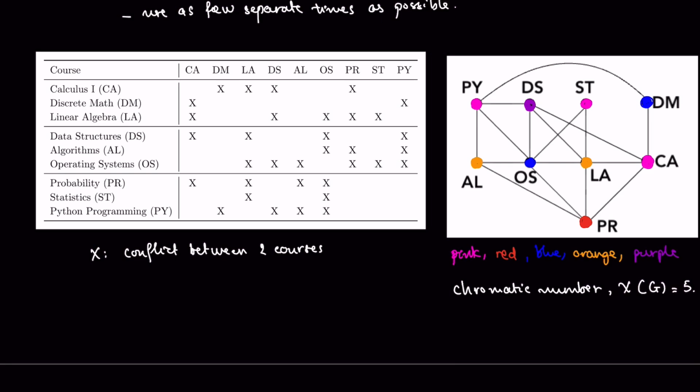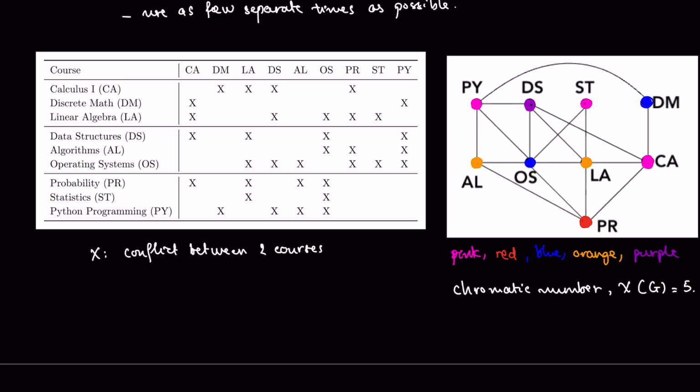So when you do this graph coloring or vertex coloring, what we see is that I can schedule the same time for CA, ST, and PY. I can schedule the same time for the courses DM and OS. I can schedule the same time for AL and LA. And because DS and PR have different colors, they can be assigned to different time slots.